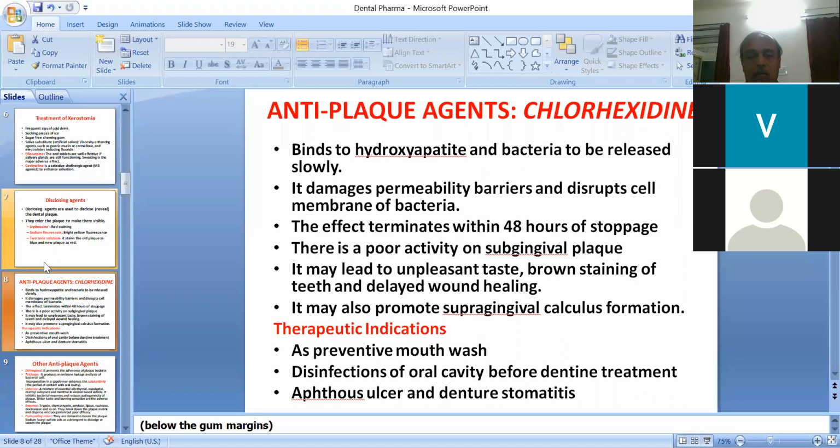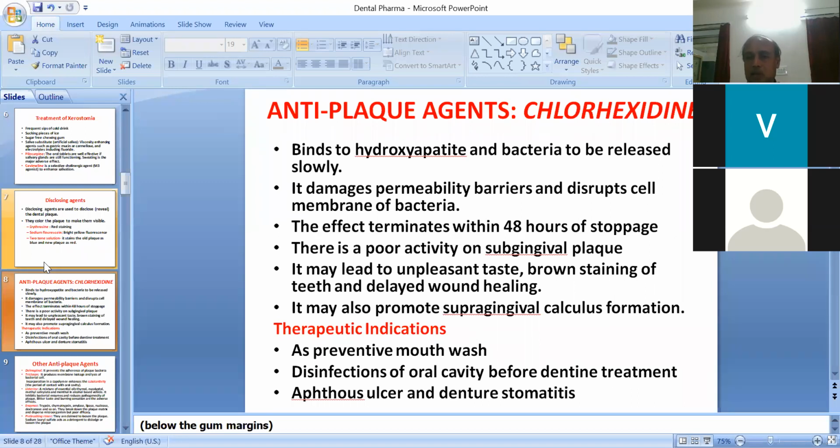The therapeutic indications are as a preventive mouthwash, where oral hygiene is poor, where we are having a problem. As disinfection, to disinfect the oral cavity before dental treatment. Whenever you are using any dental therapy, for disinfection of the oral cavity, and for aphthous ulcer and denture stomatitis.